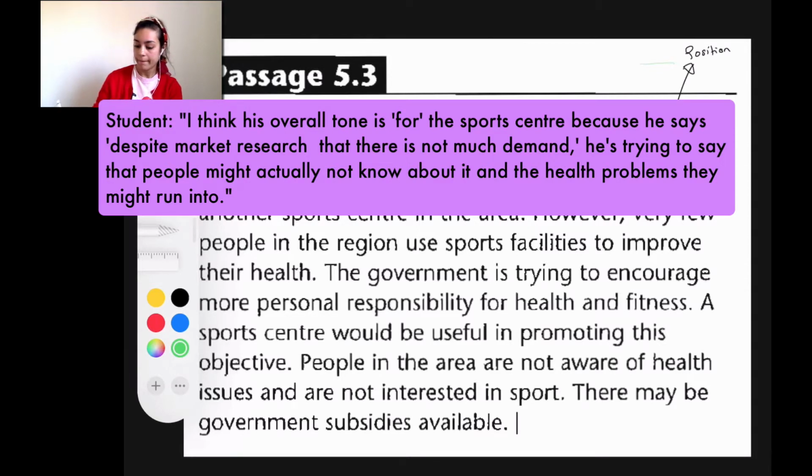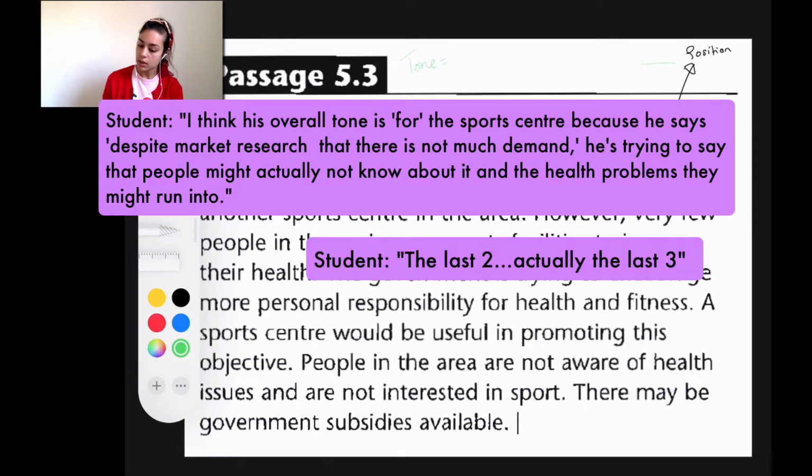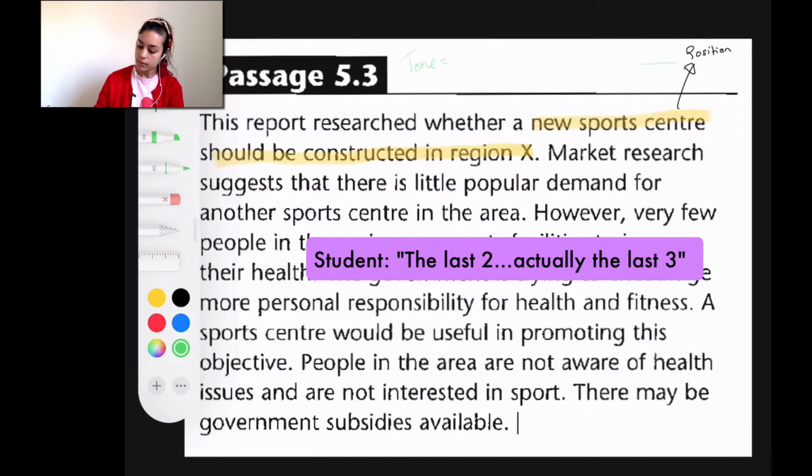Yeah. Okay. So what sentence is telling you what he thinks? The last three, but which one specifically?